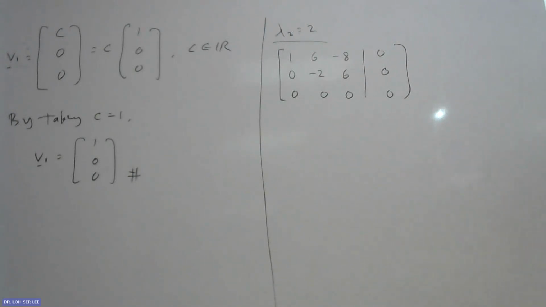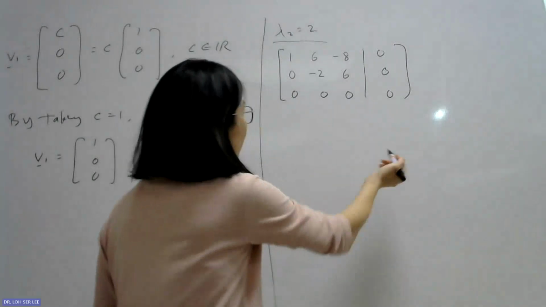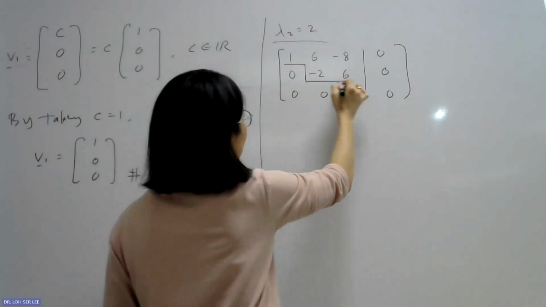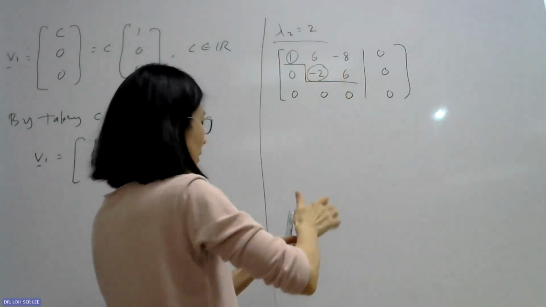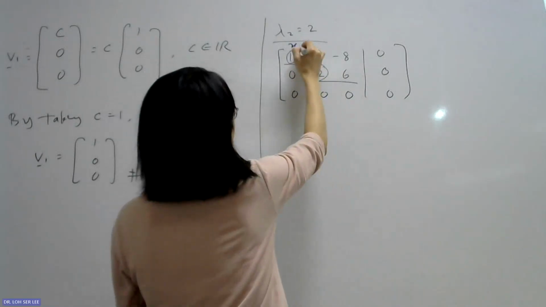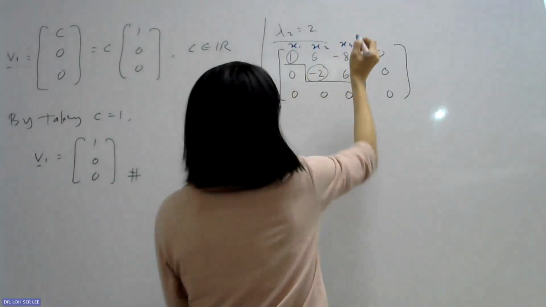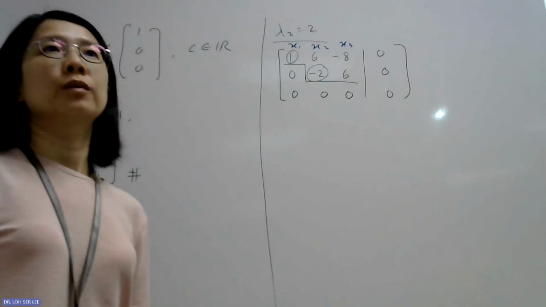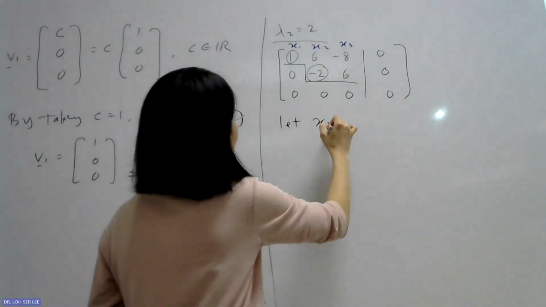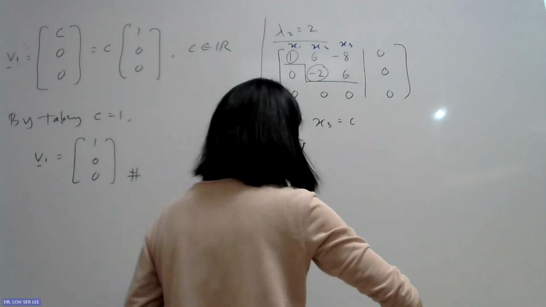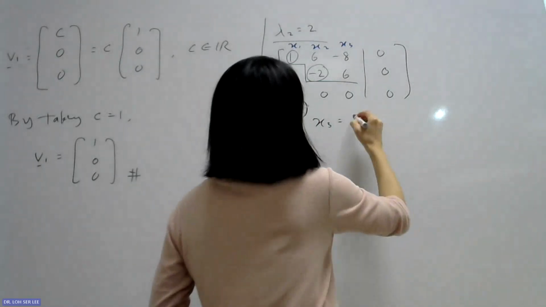Okay, so this one we don't have to reduce because this is already in the REF. So you just need to identify which is free. Which one is free? X3 is free, so X3 is C.